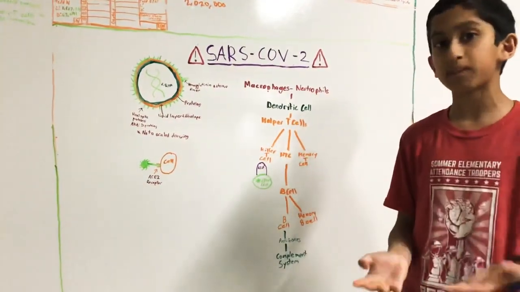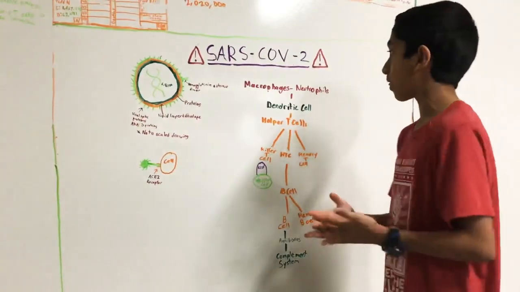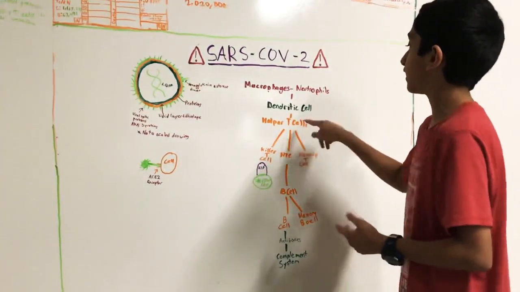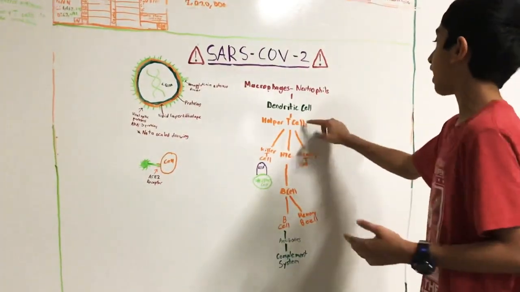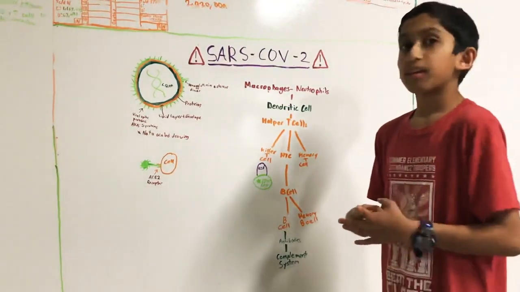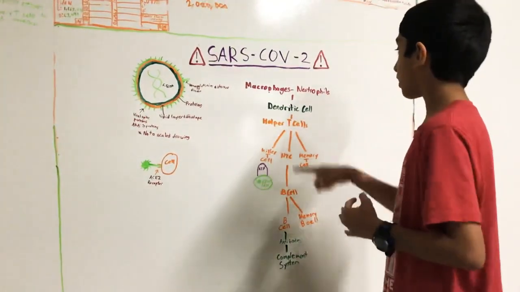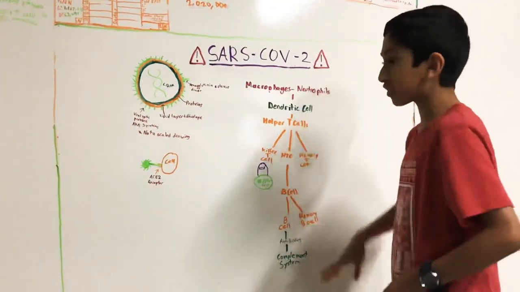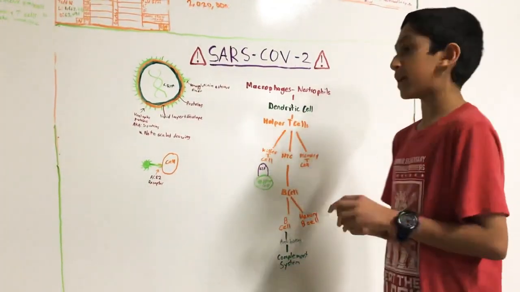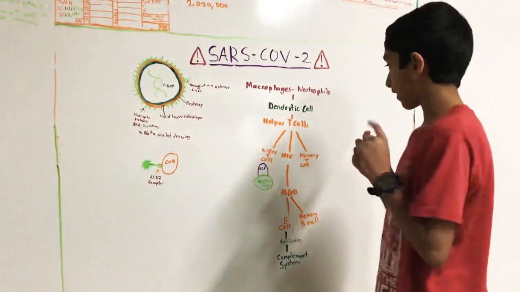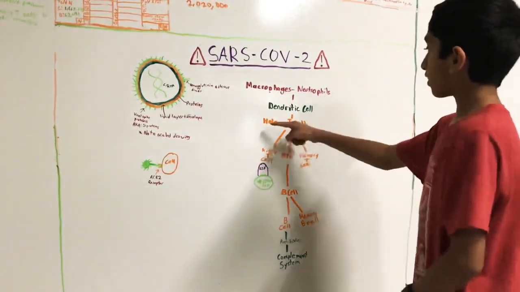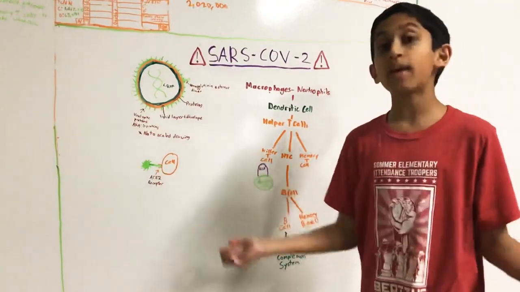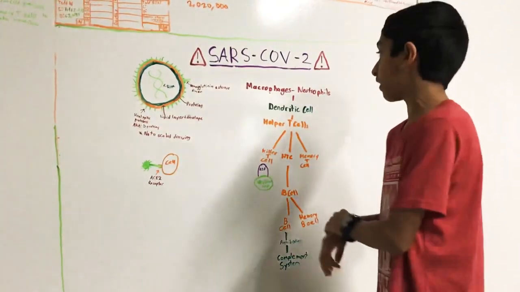Now here's where it comes into an important part, because a dendritic cell has to give the antigen to the helper T cells. And you might be thinking, what do the helper T cells do? Well, the helper T cells will actually eventually lead to the making of antibodies, but we're not there yet. The helper T cells will need to split into some more categories.